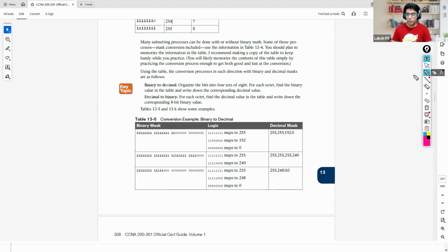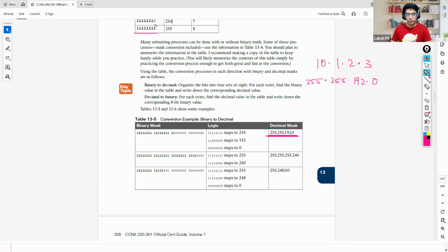Okay, so if I take this particular address mask, for example with the address 10.1.2.3, and I write the address mask as 255.255.192.0.